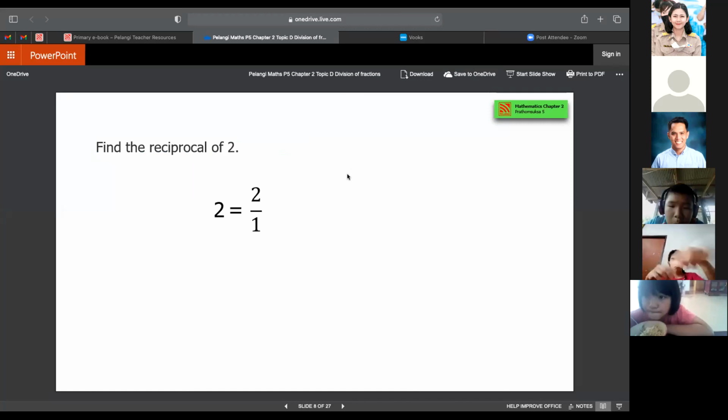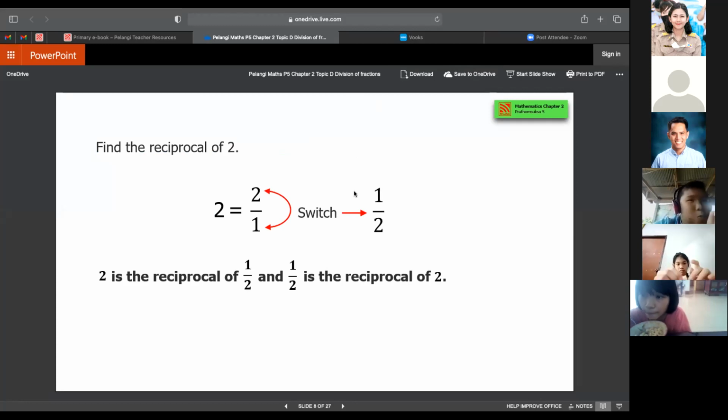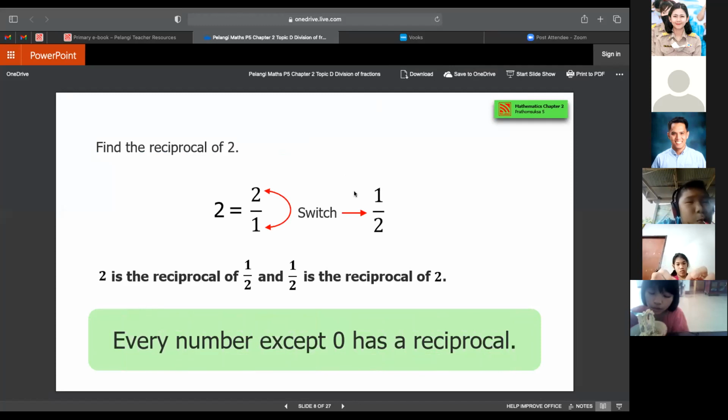So if we get the reciprocal, it is equal to 1/2. 2 is the reciprocal of 1/2 and 1/2 is the reciprocal of 2. Every number except 0 has a reciprocal, because 0 is not a counting number.